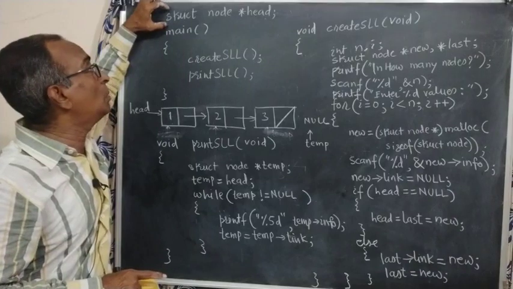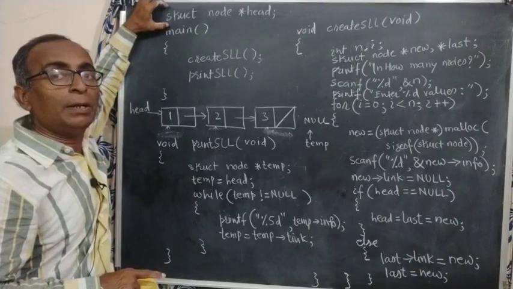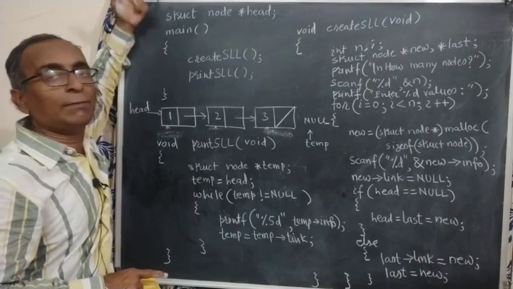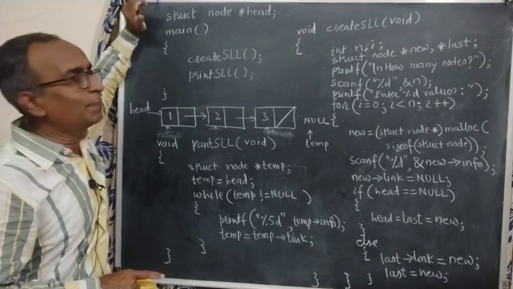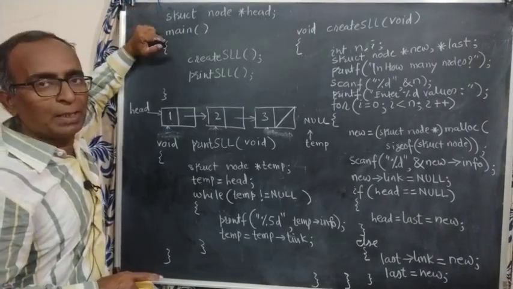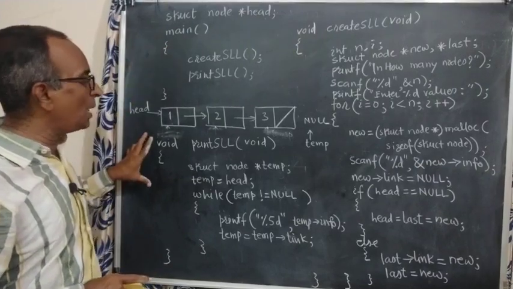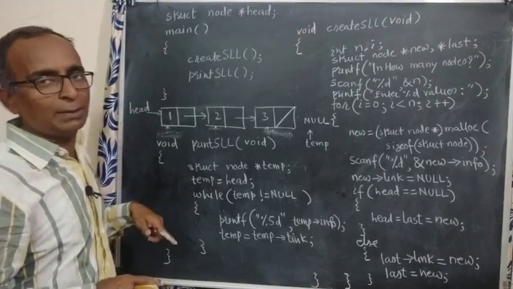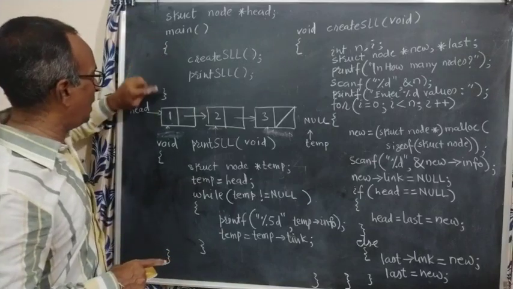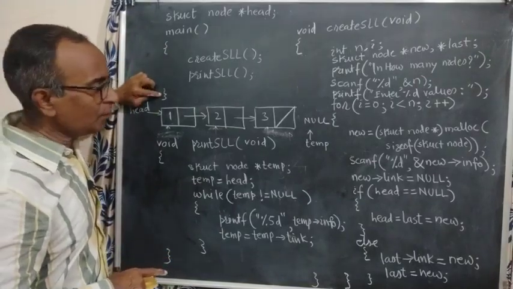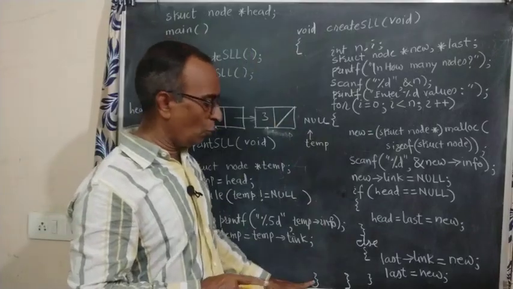Global variables will always be declared before all the functions. Suppose I am writing main first, followed by other functions. First I have written main and closed it here. Then I have written create list and closed it.